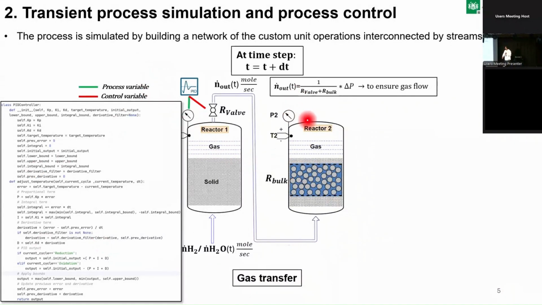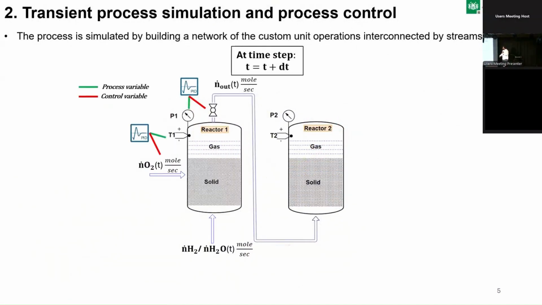For example, here, the N dot out, or the stream out, is a function of the pressure difference between the two reactors, and the resistance of the valve is adjusted or controlled by the PID controller, and our bark is the resistance of the solid particle itself, to be more realistic.